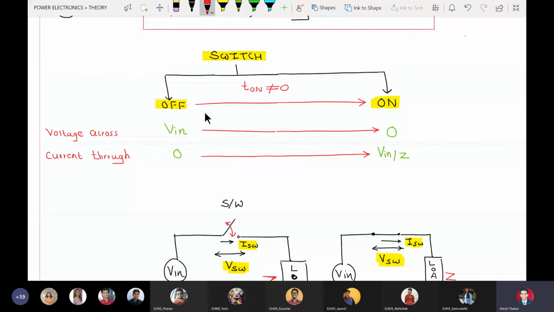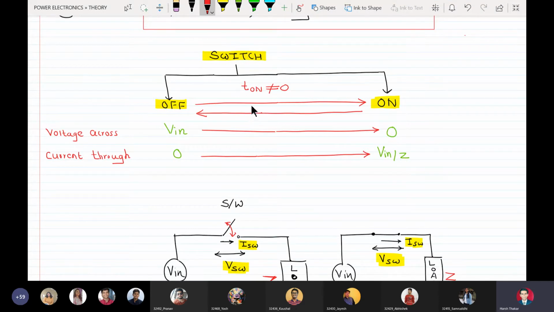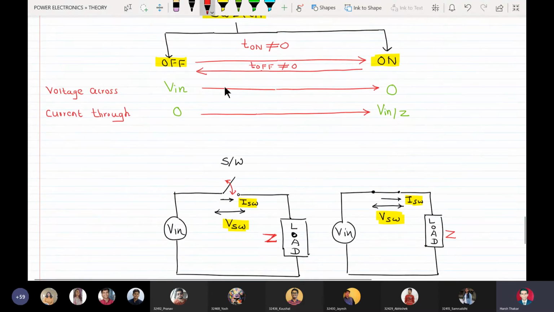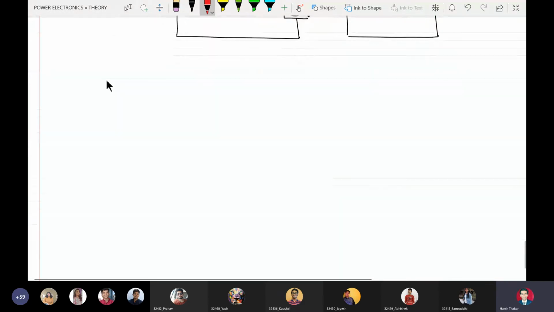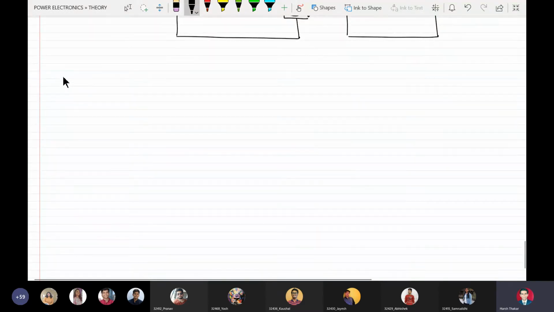Similarly, when I have a transition of the device from on state to off state, I have another time associated, which is called turn off time, which is again not equal to 0. That is why the transition from V in to 0 or 0 back to V in, or from 0 to V in by Z or from V in by Z to 0 will all take non-zero times. Getting me? Yes. So now our topic starts here.